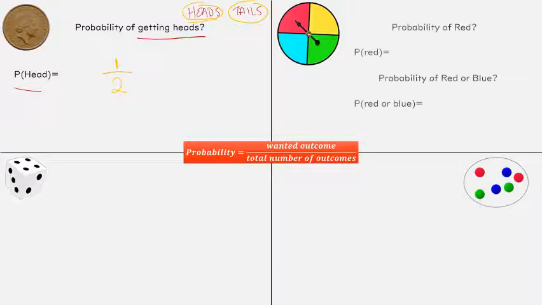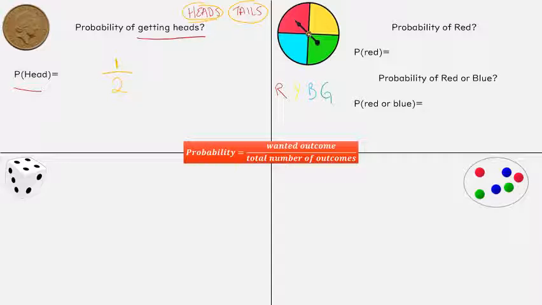Moving on to the spinner. We've got 4 different outcomes, haven't we? We've got red, yellow, blue, and green. When we're asked what's the probability of getting a red, well, because they're all the same size, they're equally as likely.